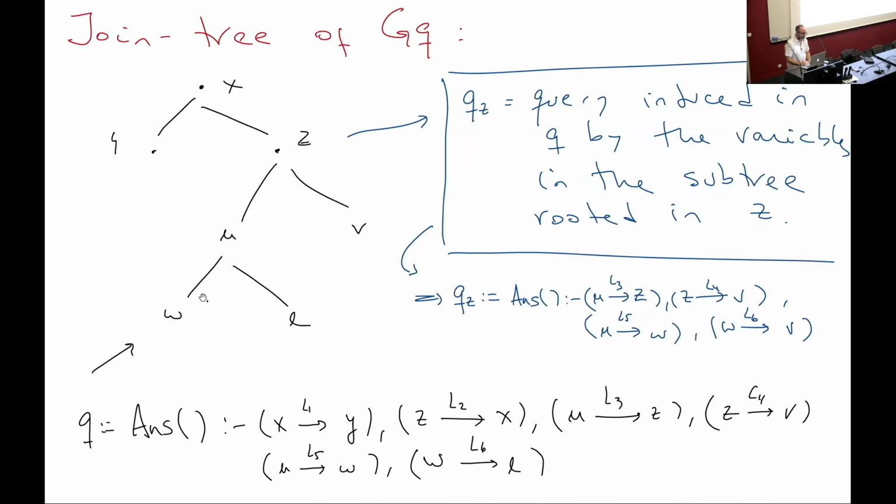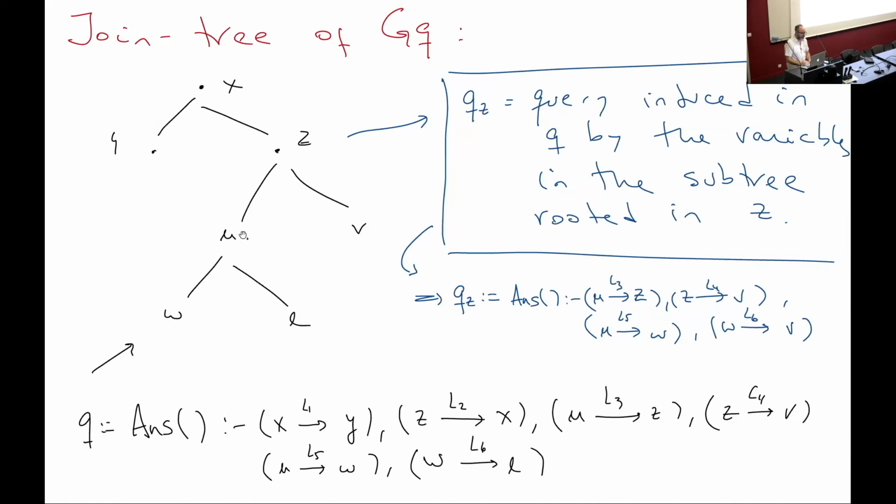So now at some point, for instance, you have all possible values of homomorphisms from the query induced by only this variable. And you have all possible values of homomorphisms induced only by this variable.